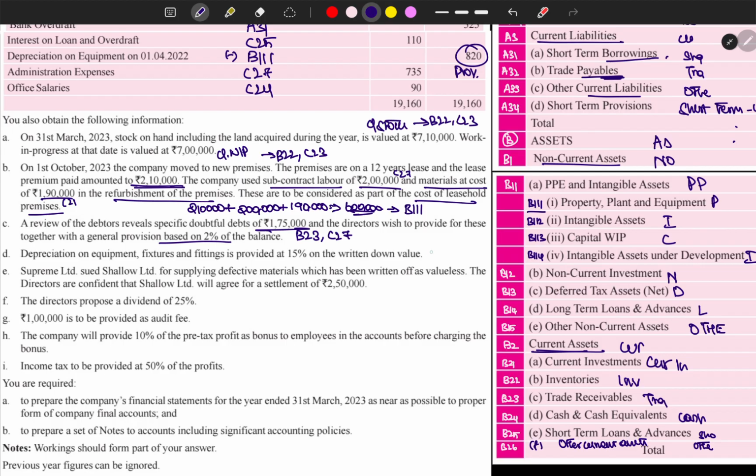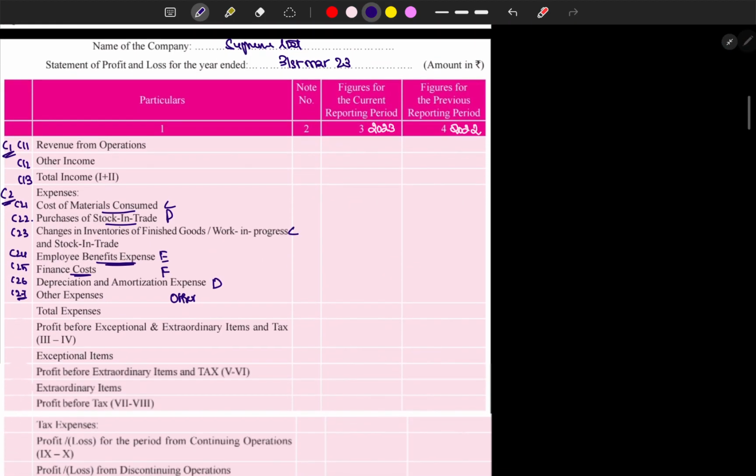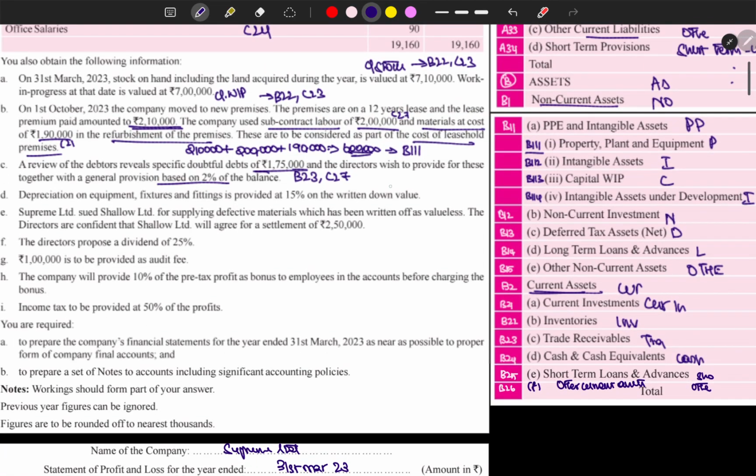And depreciation is C26 and B112. Generally, outside trial balance items come under two places, so we are recording two effects here.